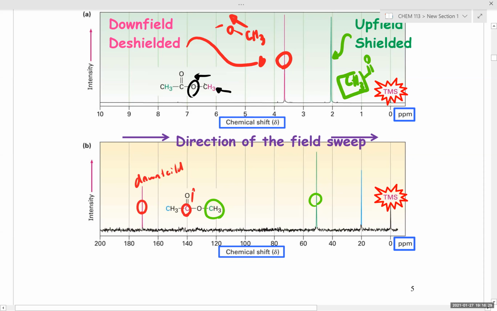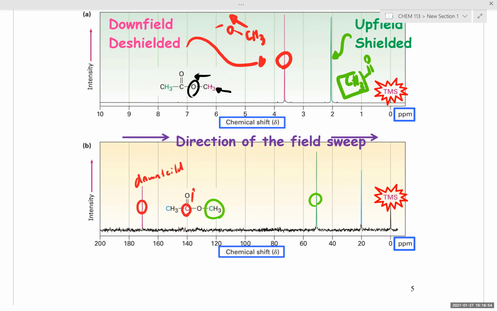It deshields these protons. Electron withdrawing groups deshield protons that are connected or in close proximity in the structure. Does that make sense? Perfect. Any other questions on these concepts?